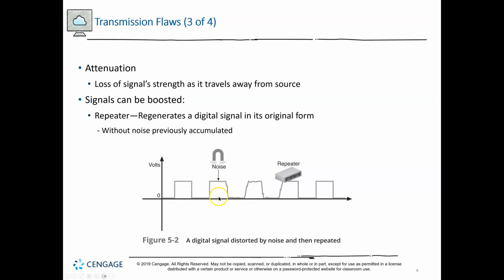This is a 1, that's a 0, where we're down. When I get that noise on there, my square wave starts looking pretty ugly. If I use a repeater, or another term you might hear is regeneration, it takes that digital signal, reads it, and then resends it, and so it's perfect again.